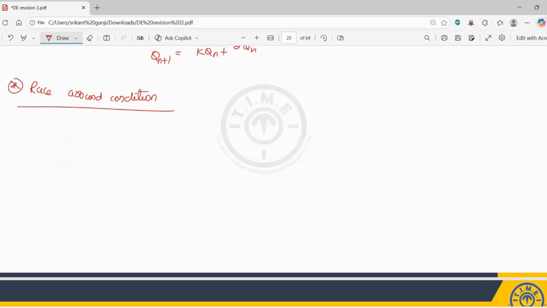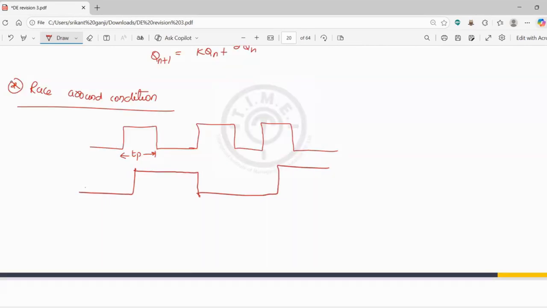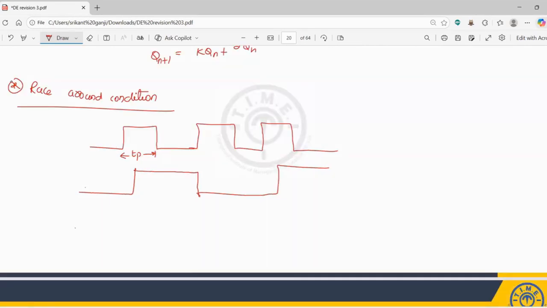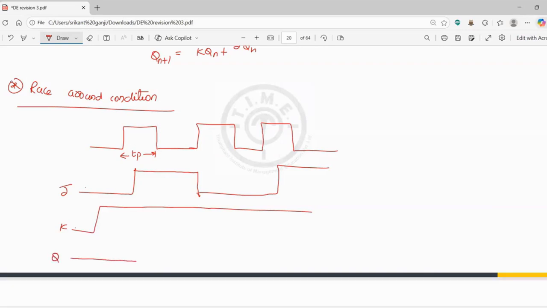Here you can take that the clock pulse width is TP. If you apply J like this, and the K value is opposite to this one, so what is the present state you can observe here.